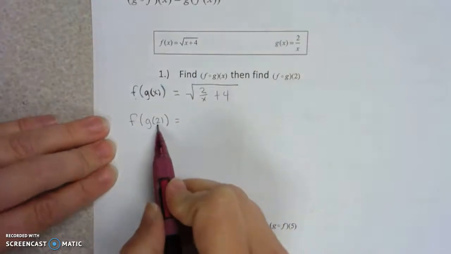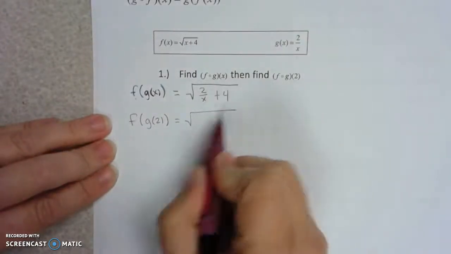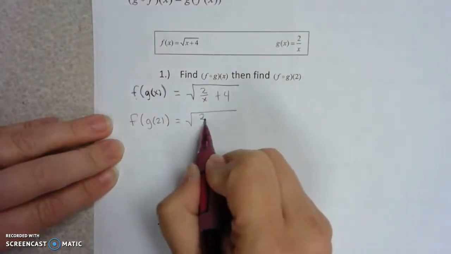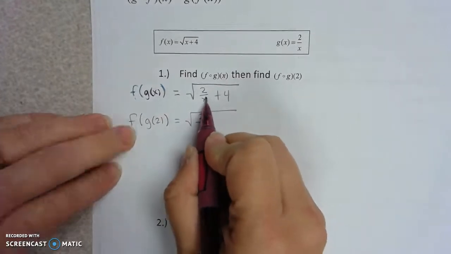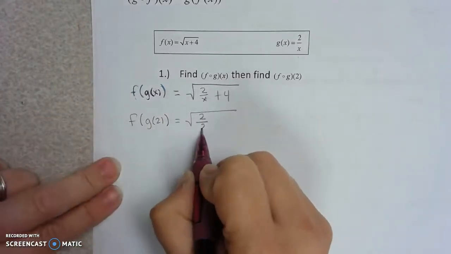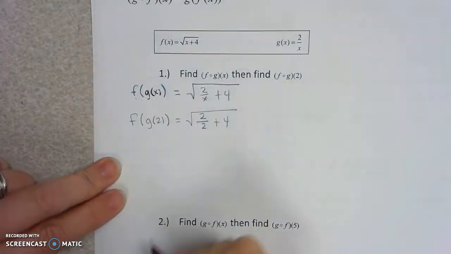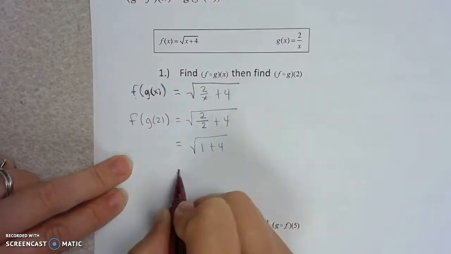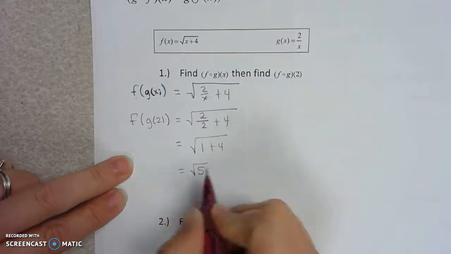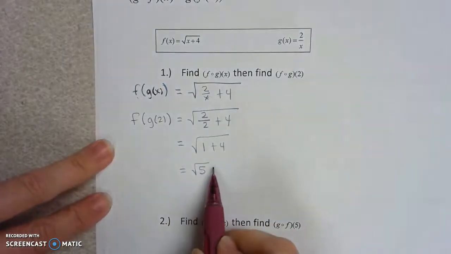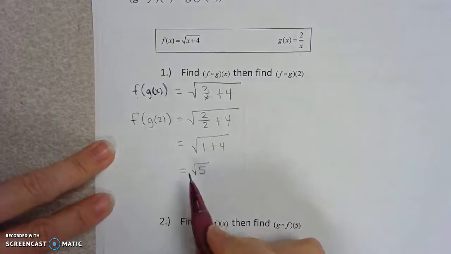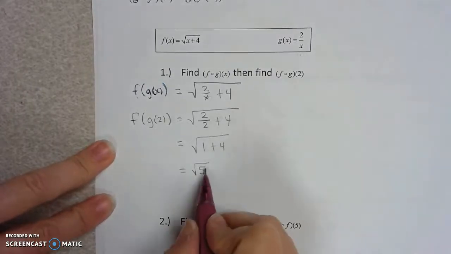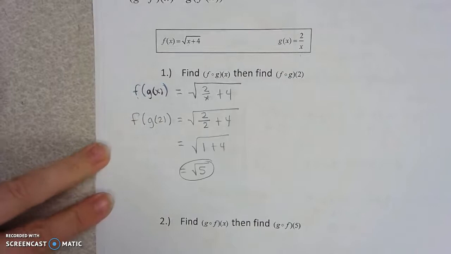So I'm going to take 2 and I'm going to fill it in everywhere there's an x. So 2 over 2 plus 4, gives me 1 plus 4, which is the square root of 5. And it has no factors that I can take the square root of besides 1, so it can't get any simpler than that.